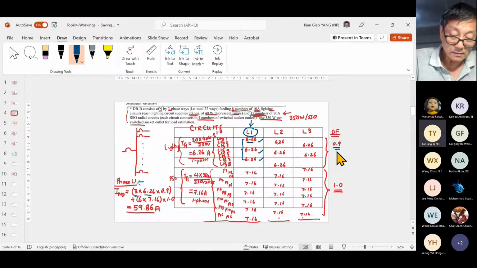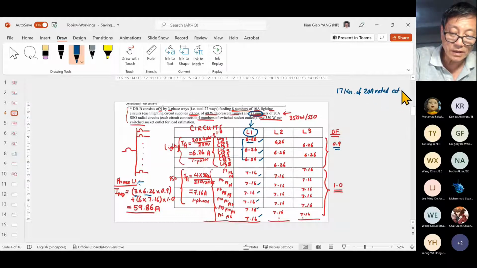But for the 7.16 one, same. I count 1, 2, 3, 4, 5, 6 circuits. But why 6? Because the total is 17 circuits, 17 numbers of 20 amp rated circuits.